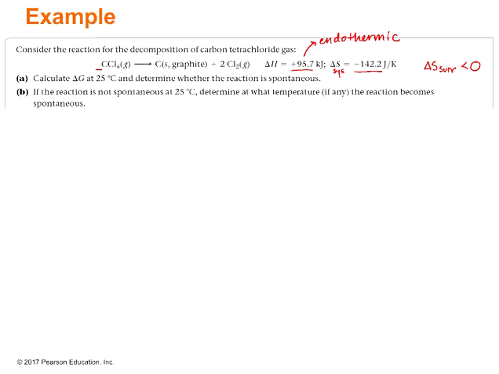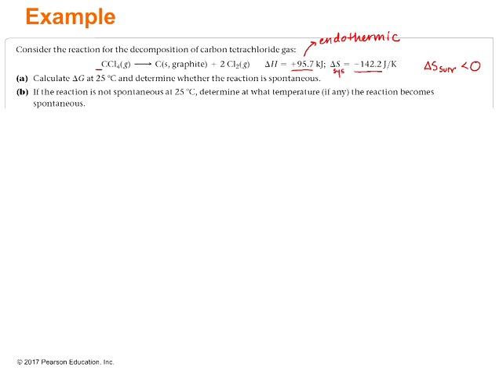spontaneous. So it is a little hard to tell right now if this reaction is spontaneous or non-spontaneous. It is an endothermic process. So it's drawing heat in, and delta S for the system is greater than 0, but delta S for the surroundings is less than 0.